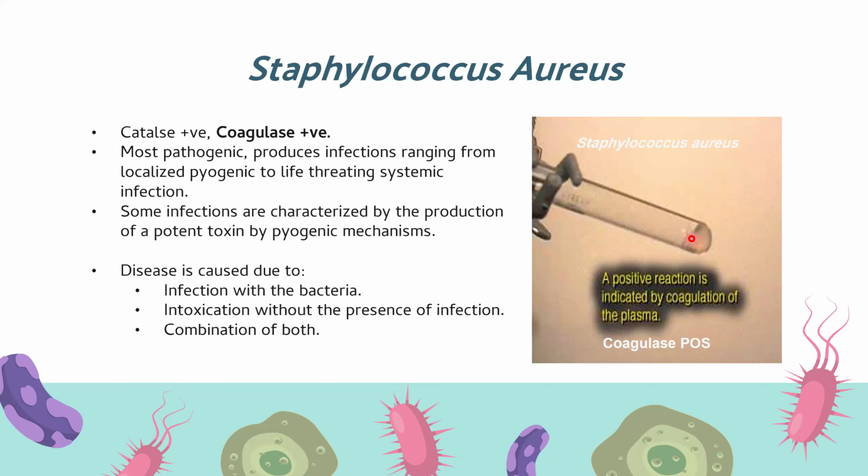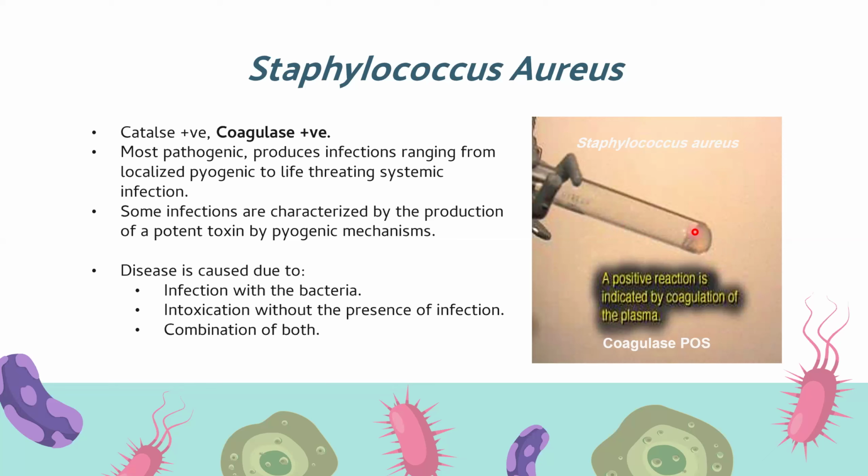If we have plasma and we add this Staph aureus to it, since it has coagulase, it is going to form a clot, okay? Staph aureus is the most pathogenic out of all these staph species that we will be discussing. And it produces infections ranging from localized to life-threatening.